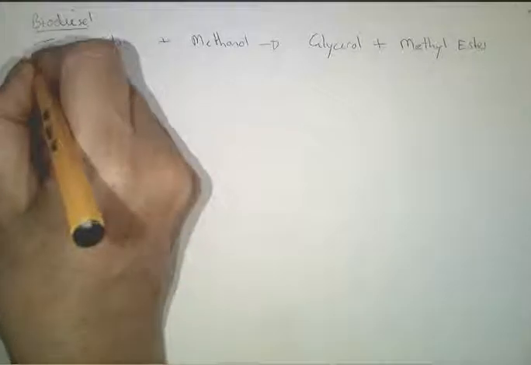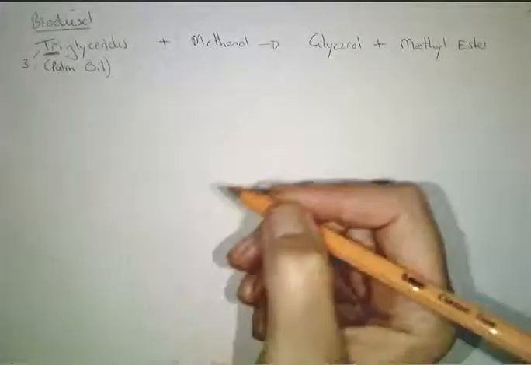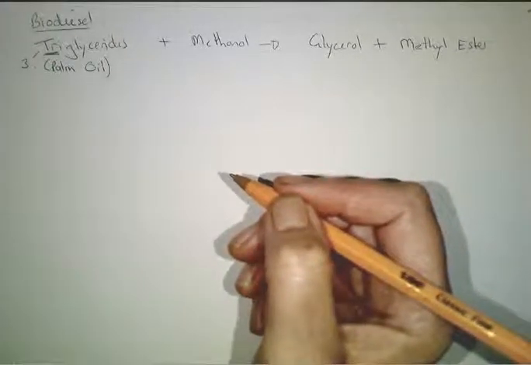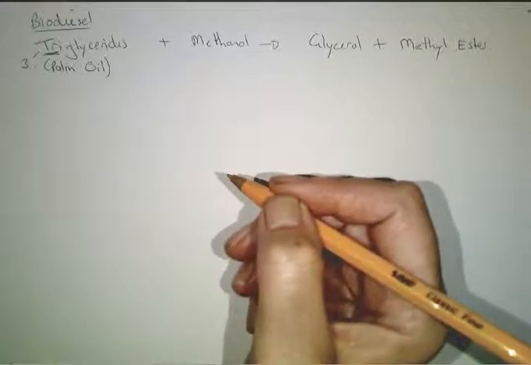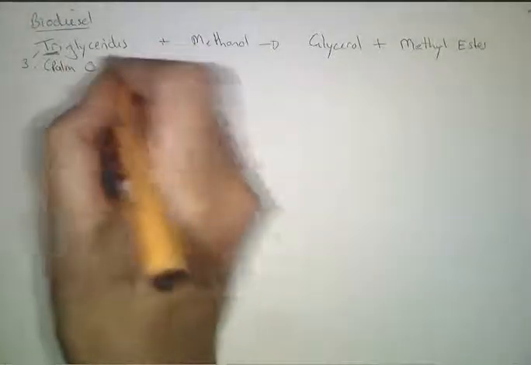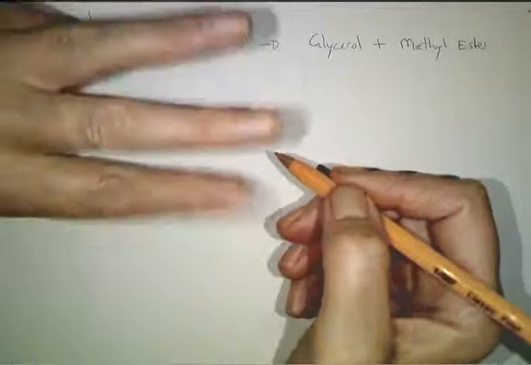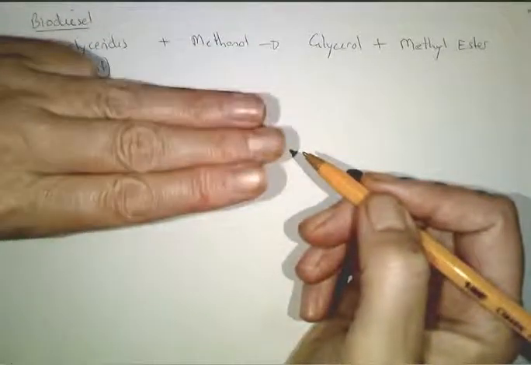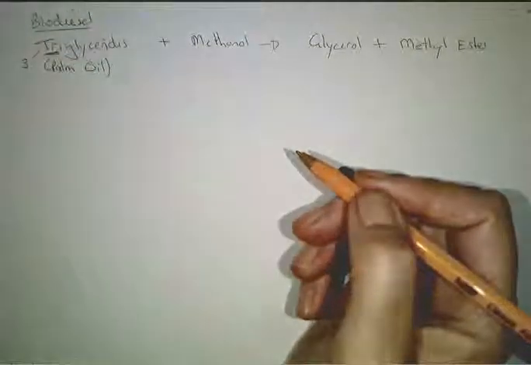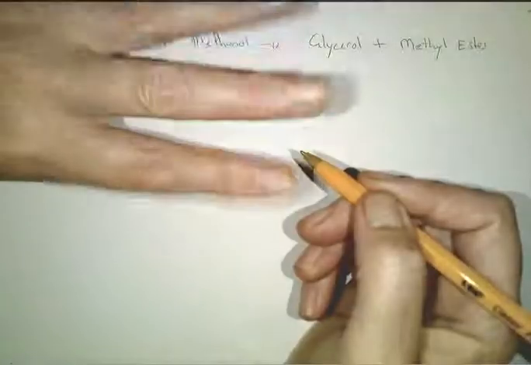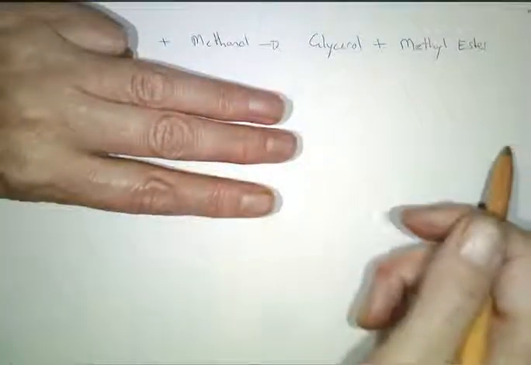Alright, so tri means three. To remind you, a triglyceride, palm oil, we're going to look at this at the end of the year, fats. If I wave my fingers at you like this, 3 fingers, it's reminding you that a triglyceride molecule has 3 parts hanging off it, and you can use your knuckles to indicate the carbons.